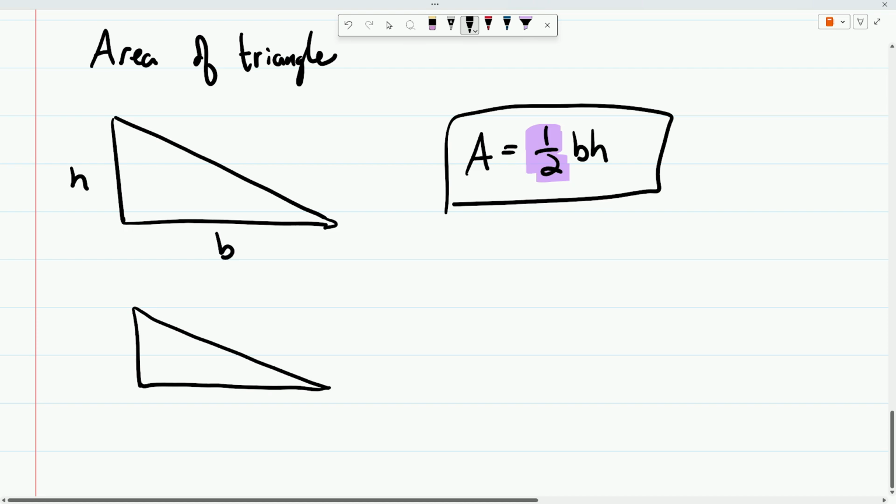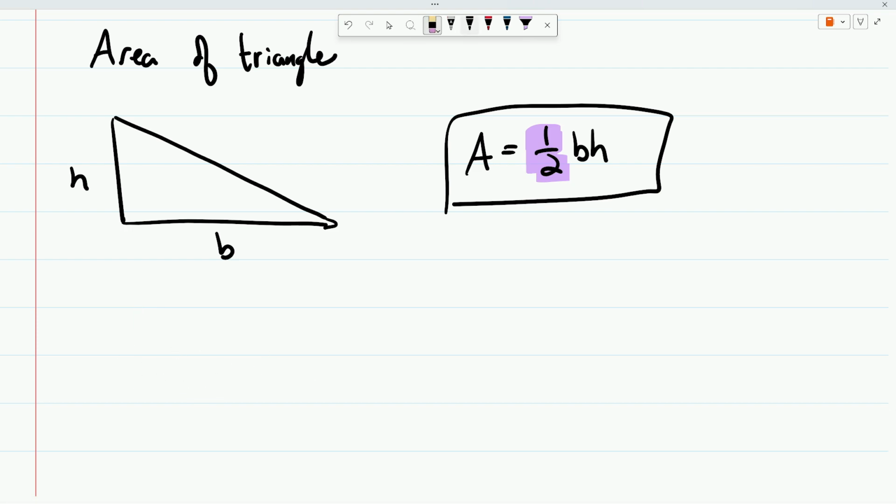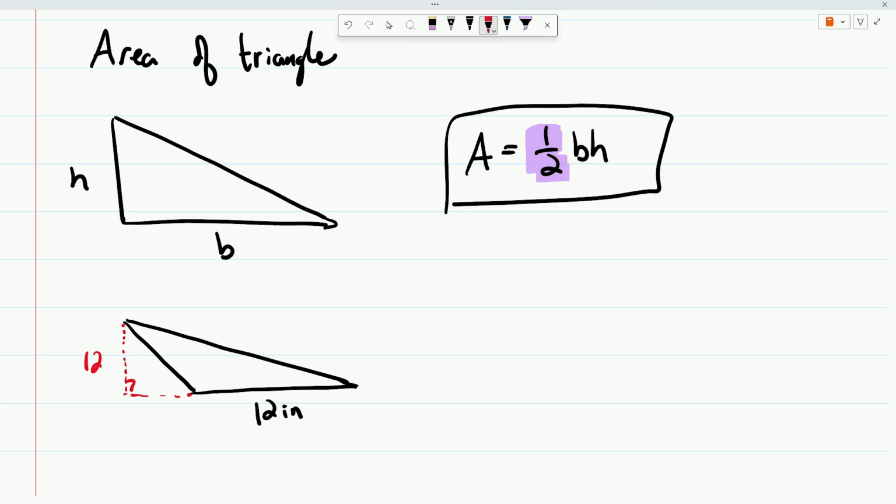So real quick, let's go ahead and do this right here. Actually, we'll do this one. We'll do this triangle. All right. So the base is going to be 12 inches, and then the height, just extend that out, the height is going to be 12 inches as well.